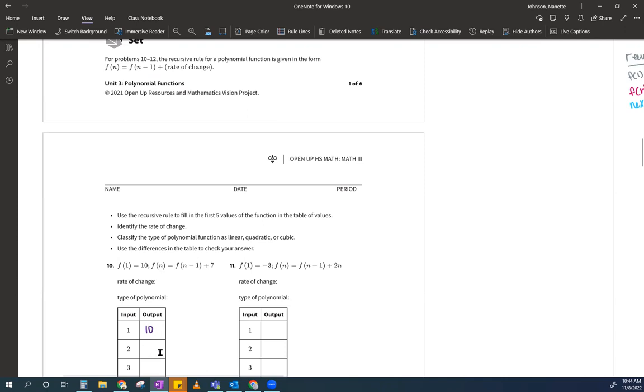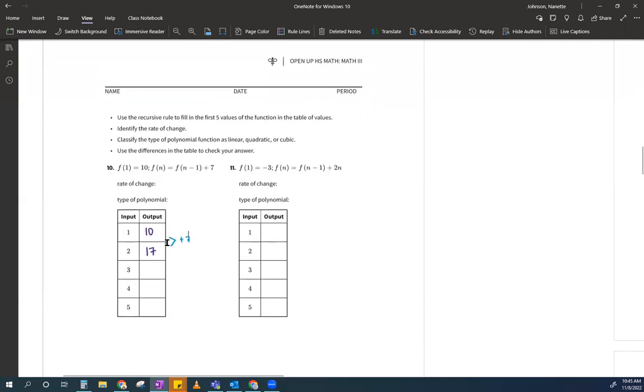So if I want to find the second guy, I'm going to look at this 10 and add 7 to it. And so that number becomes 17. Okay. And then because I'm here, I might as well fill in the rest of this table.